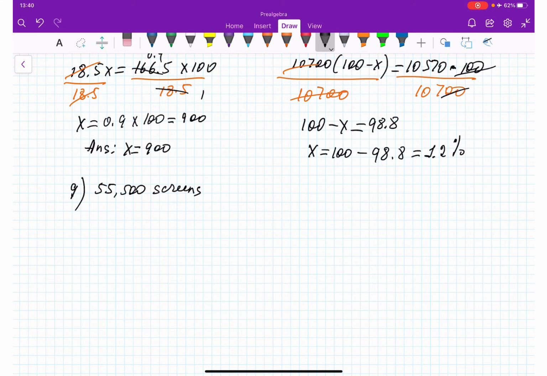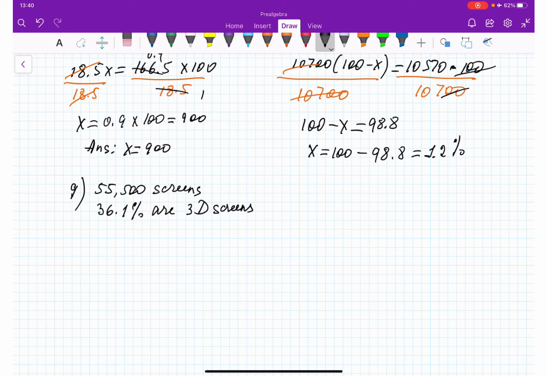If about 36.1% of total screens in the country were digital 3D screens, so 36.1% are digital. I mean 3D screens. Sorry. Okay. Find the approximate amount of 3D screens.